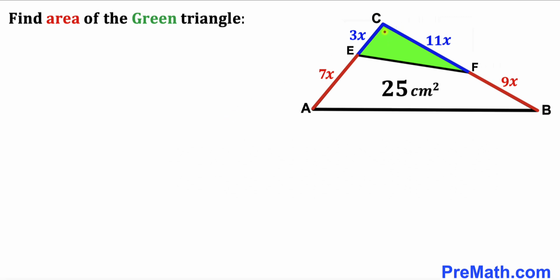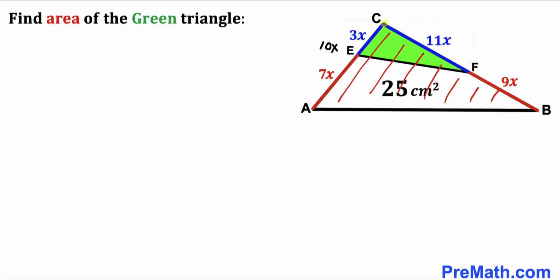Let's focus on this green shaded triangle CEF, whose side lengths are 3x and 11x. Now let's focus on the bigger triangle ABC. Its side length AC is the sum of 3x and 7x, which gives us 10x.